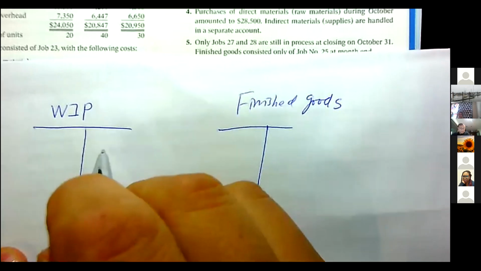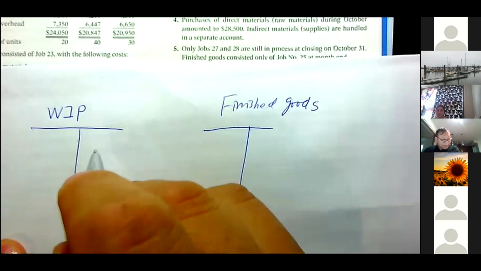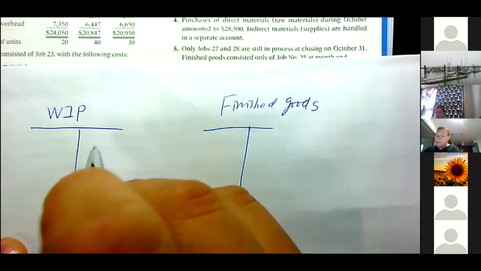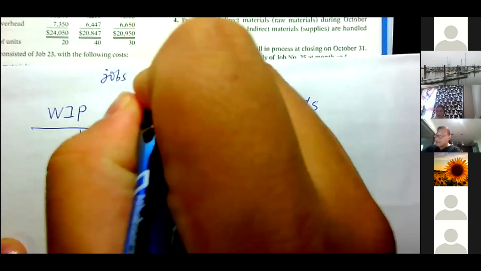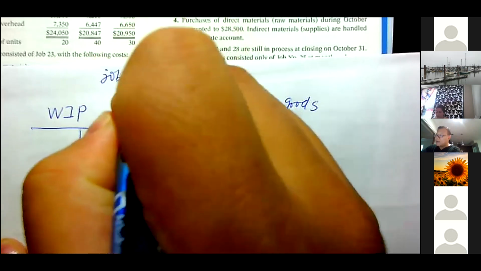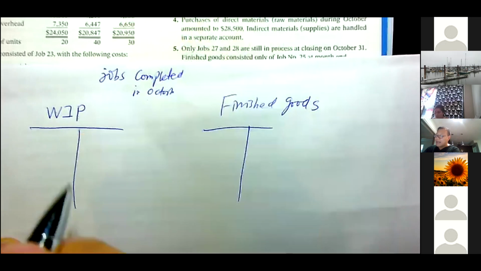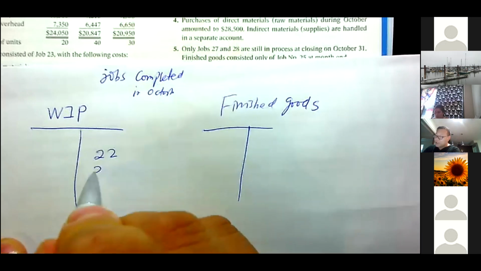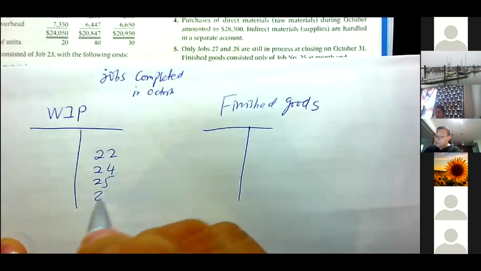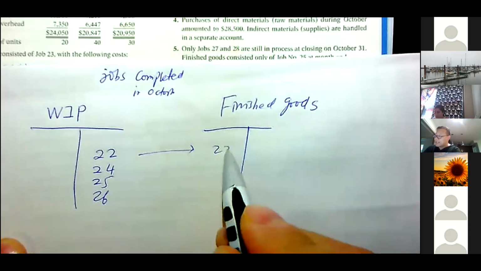So you want to figure out the work manufactured. These are the jobs completed in October, and we know these are jobs 22, 24, 25, and 26. That's how they're added to the finished goods.